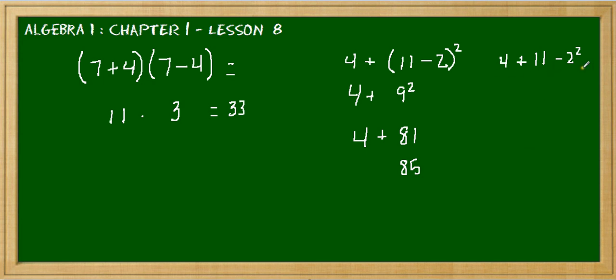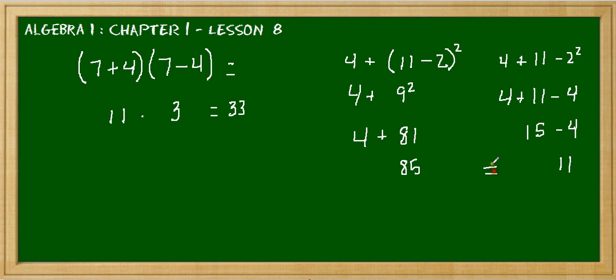Now, had we done it this way, what would we have gotten? Well, we would have followed the exponents first, which meant we would have had 4 plus 11 minus 2 squared, which is 4, right? So we did our exponents first. Multiplication and division, there's none, so let's do the addition and subtraction, left to right. That gives us 15 minus 4, and that answer would have been 11.